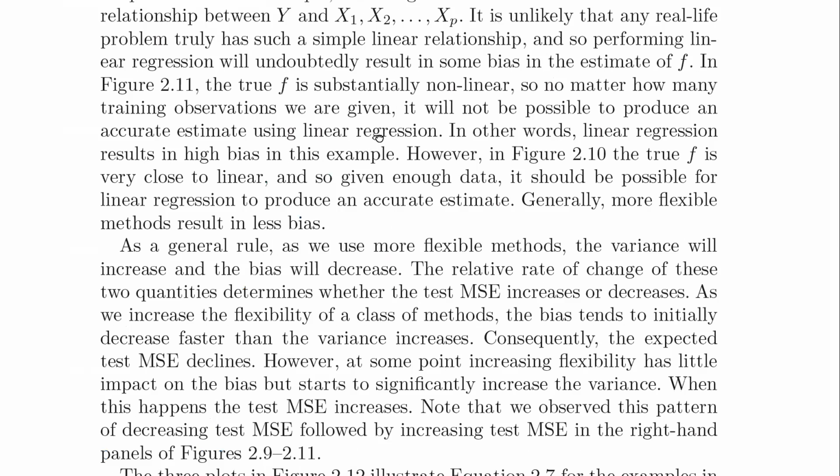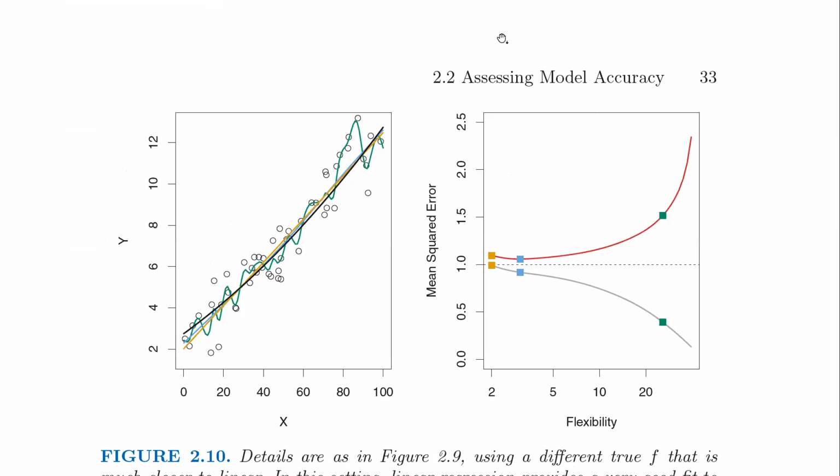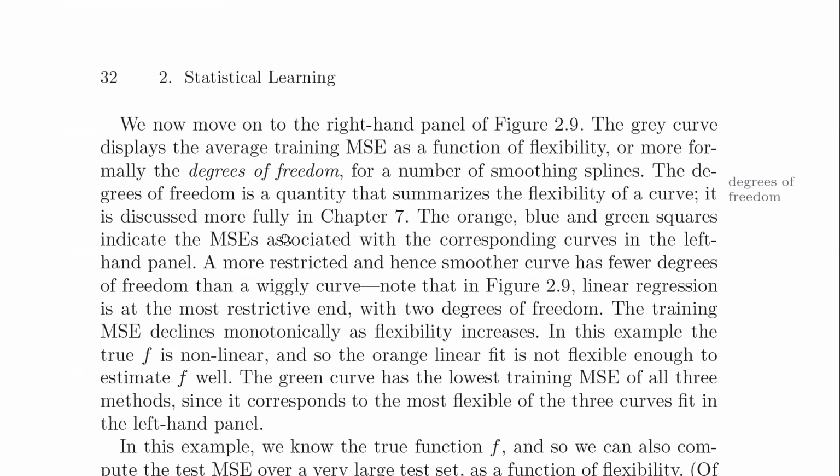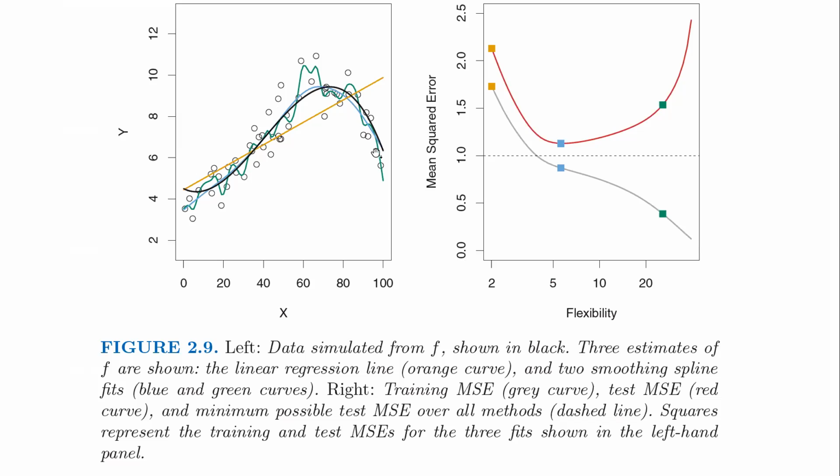On the flip side, the bias will decrease. So the more flexible a method is, I think this is how we should think of variance and bias within a model. Think of these three models, because the black is the true relationship.